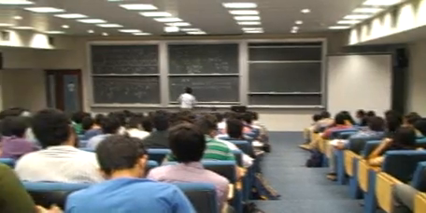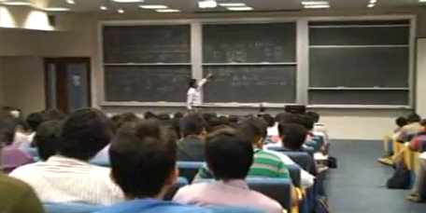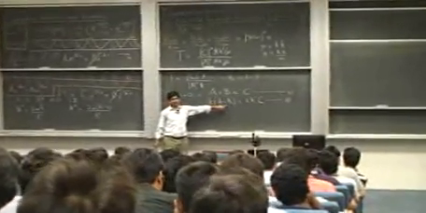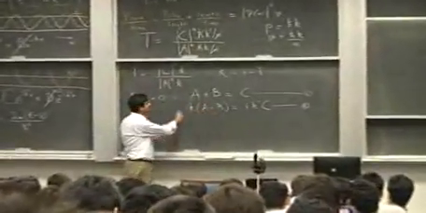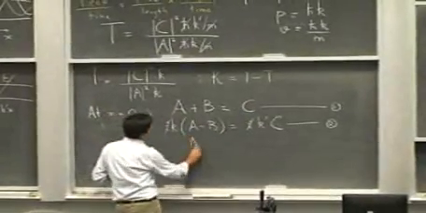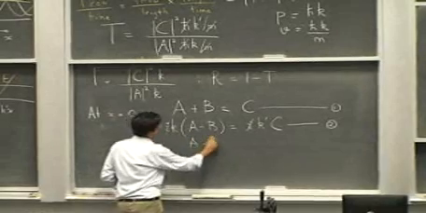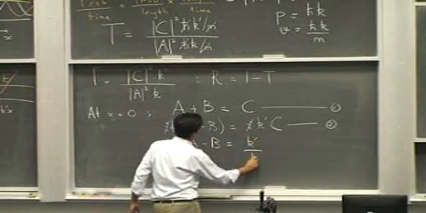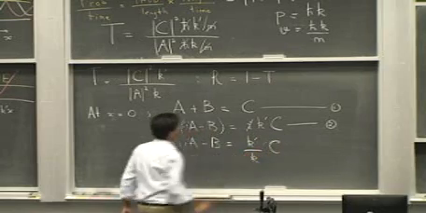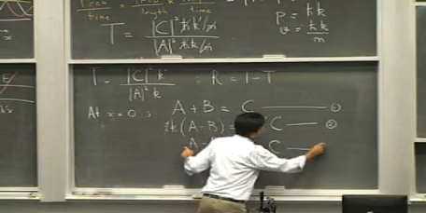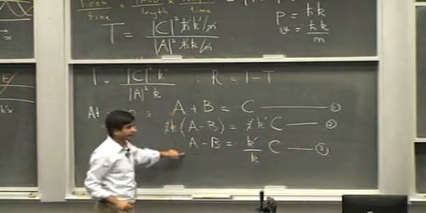Alright, so if I would like to compute the transmissivity, I have two equations. I need to eliminate B. So this ik just cancels out and I get A minus B equals k' over k times C. So I add equation number 1 and 3.